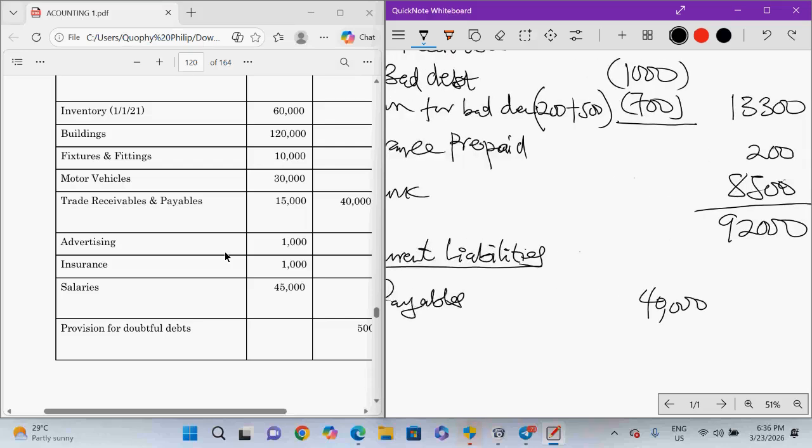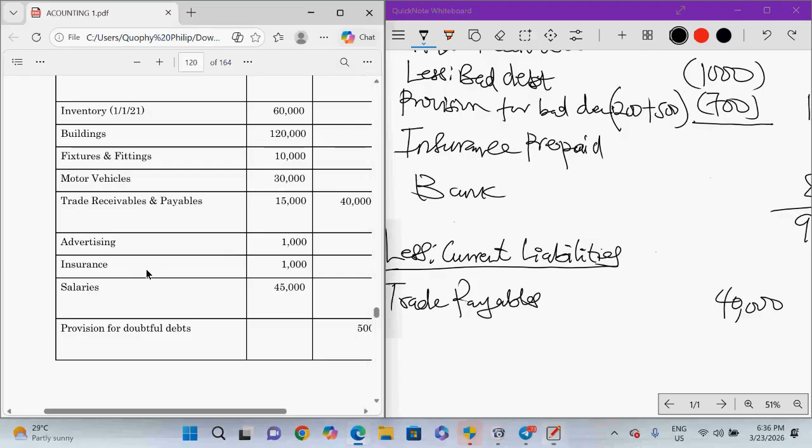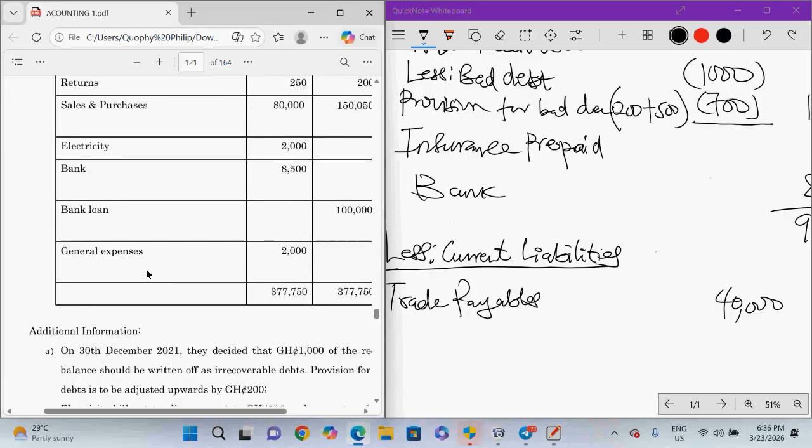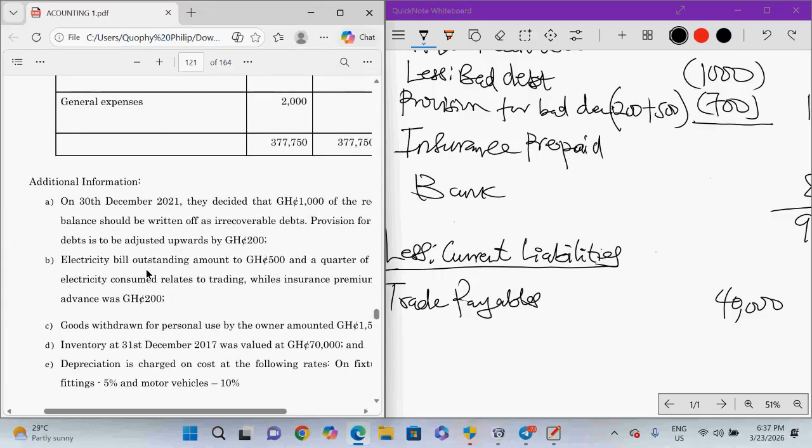What other liability can we see? Additional information. Any owings, any outstanding, any arrears? I think you have already dealt with the provision. Bank loan. Electricity bill outstanding.